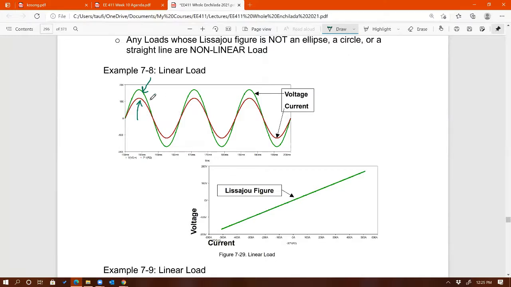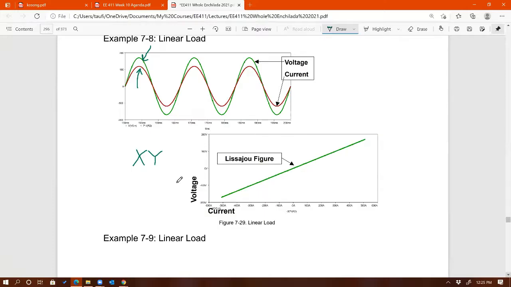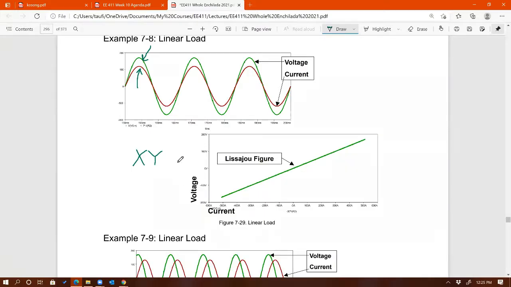If you take an XY plot, everybody in this class should know how to get an XY plot on the scope. Instead of time domain waveforms, you can change the mode on the scope to XY plot, where X could be the current and Y could be the voltage.